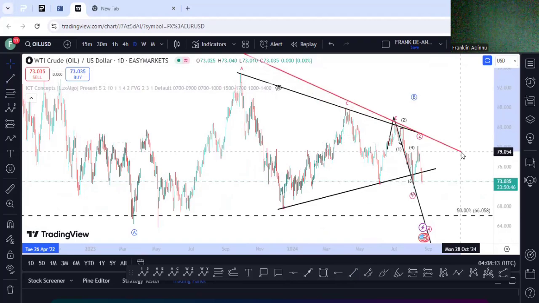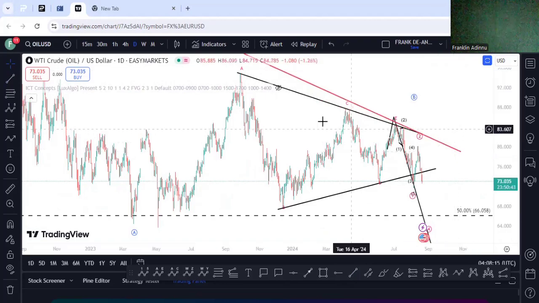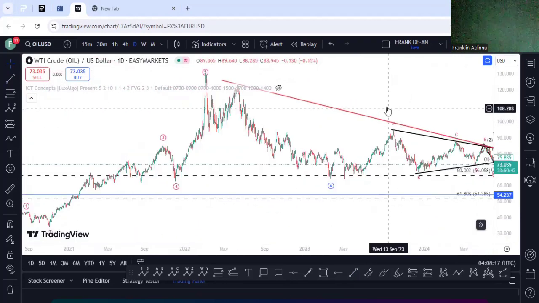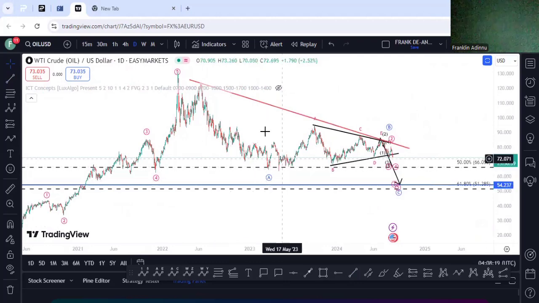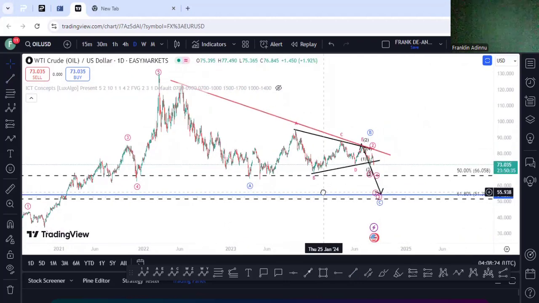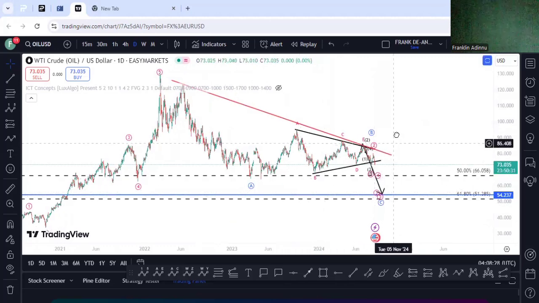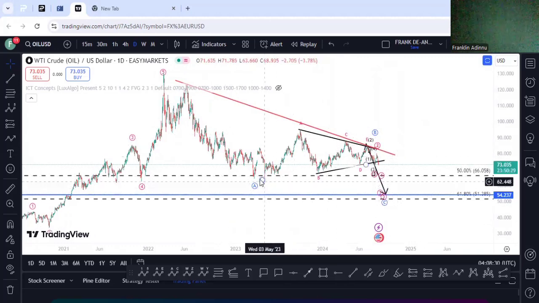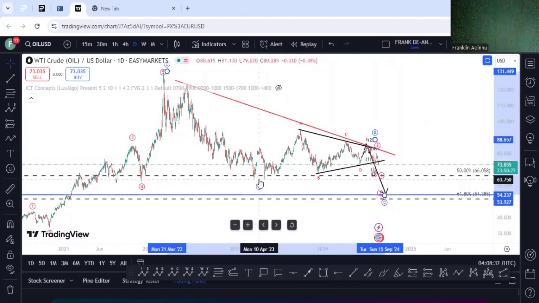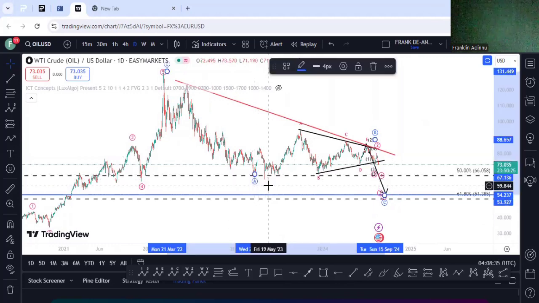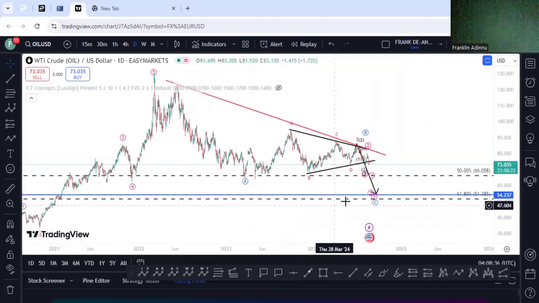This is the A, this is the B. And what we are expecting now is the C. According to Elliott wave, since this A has been 50% already, I expect the C to end at this very place or even below.